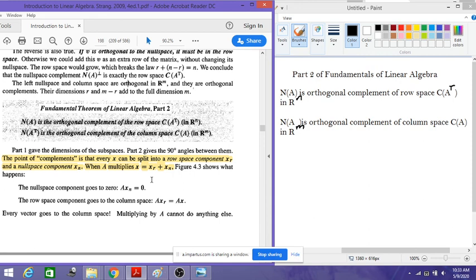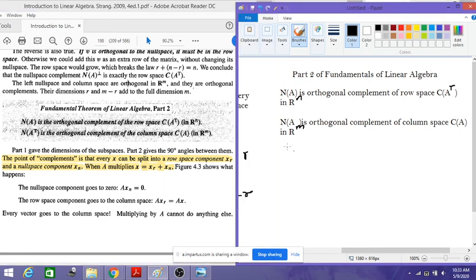The point of the complement is that every x can be split into row space components and null space components.